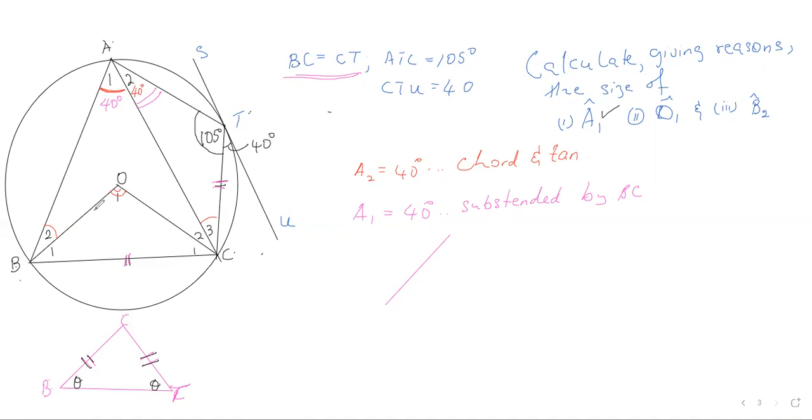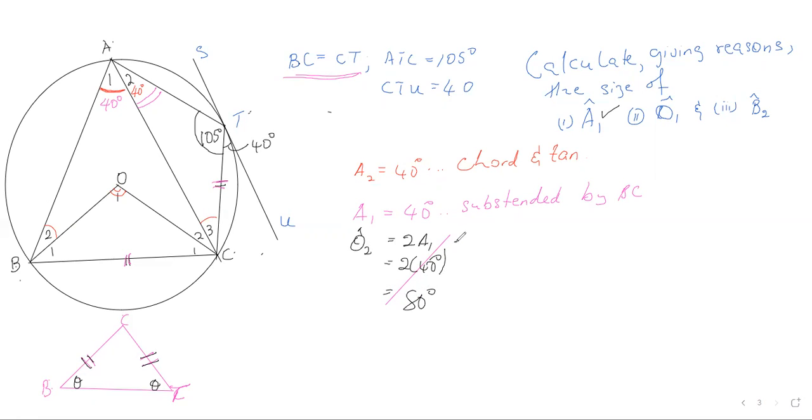We can do O2. Angle O2 will equal twice angle A1, which is twice 40, which is 80.